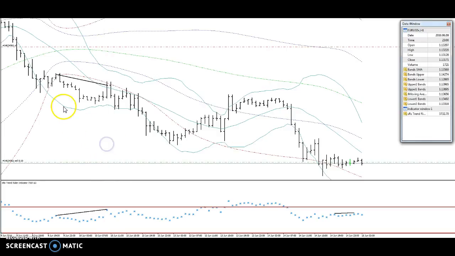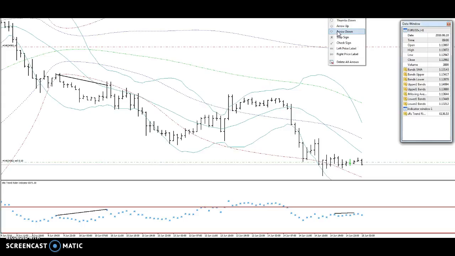Normally in this kind of divergence, from upper peak to upper peak, we have a sell signal. This is a normal divergence scenario.